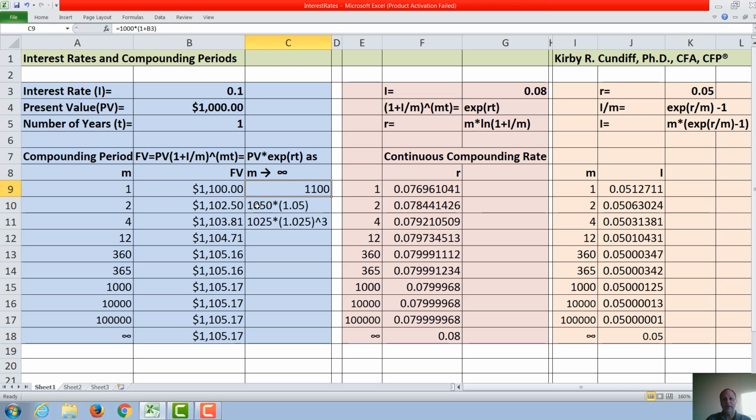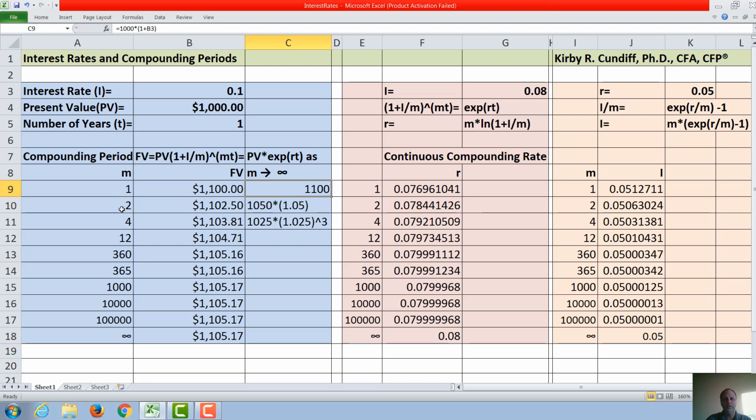And during the second half a year, you get the other 5%. So I get 1,050 times 1.05 equals $1,102.50. So this compounding twice a year increases the future value at the end of the year by $2.50. That extra $2.50 is interest that we earned on the $50 interest in the first place.